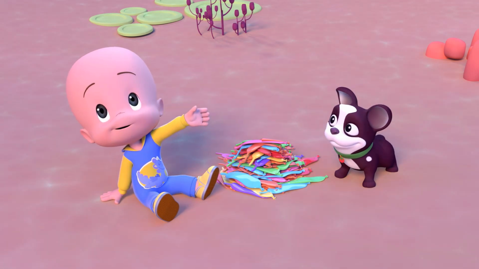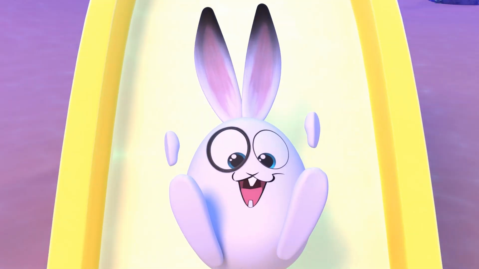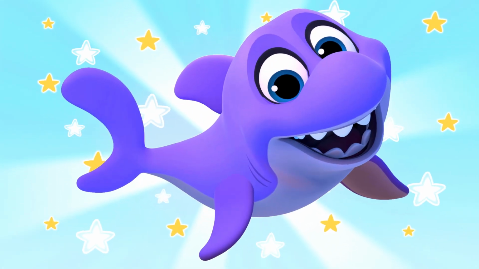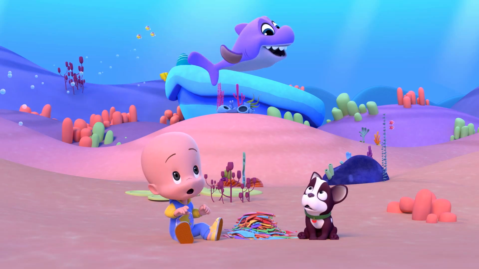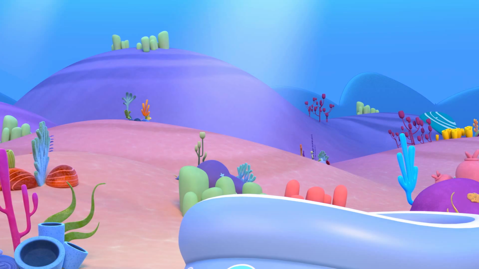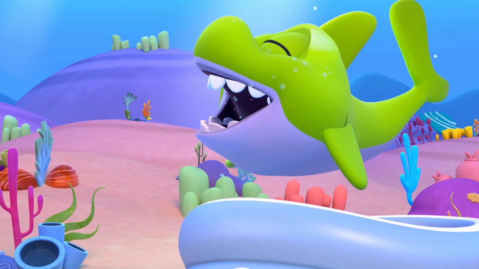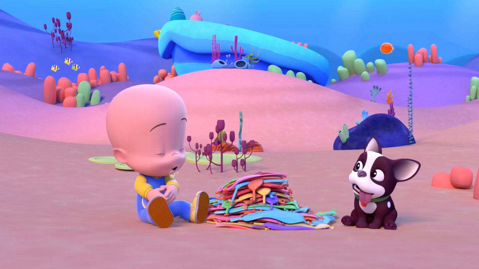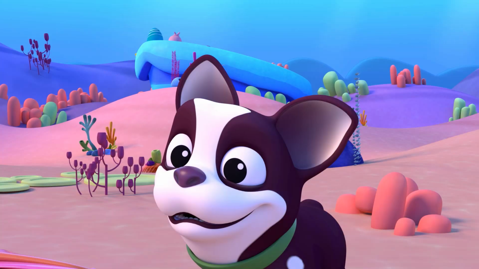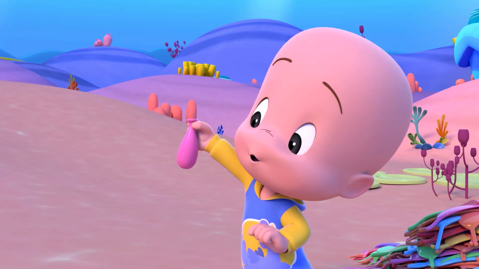Hi, Ghost. Baby shark. Green baby shark. More. Pink balloon.